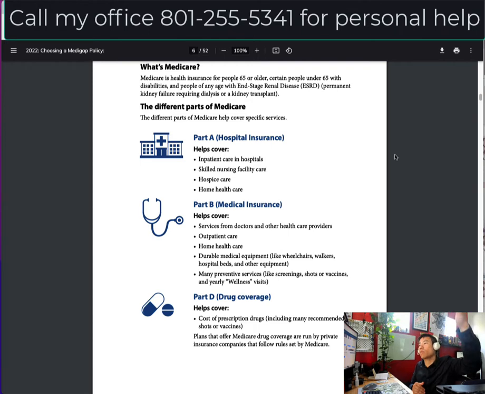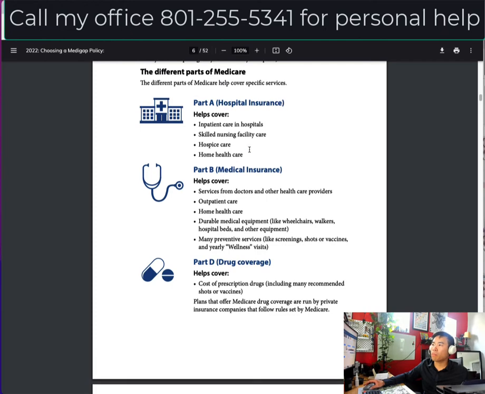If something catastrophic were to happen, your 20% could amount to a larger amount, you know what I mean? Then your Medicare Supplement steps in and picks up all that 20% cost that Medicare did not cover, that you would have been responsible for if you only had original Medicare.